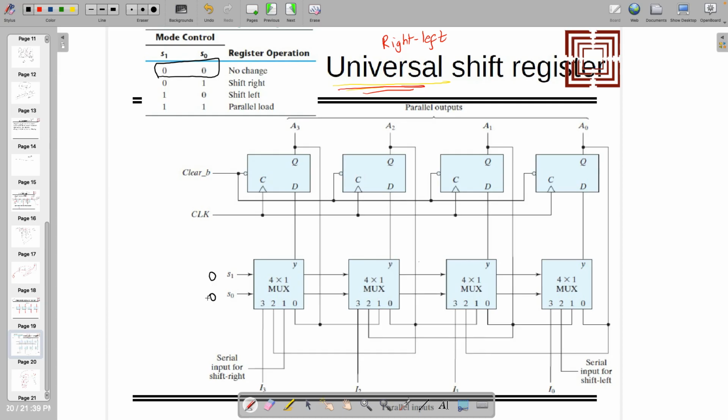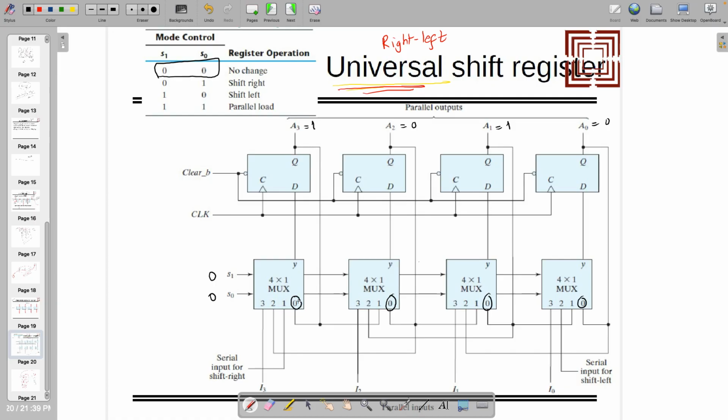If we are giving 0 0, the 0th input will be selected and connected to the output. So let's assume that A3, A2, A1 and A0 are 1 0 1 0, something like this. This was the previous state.